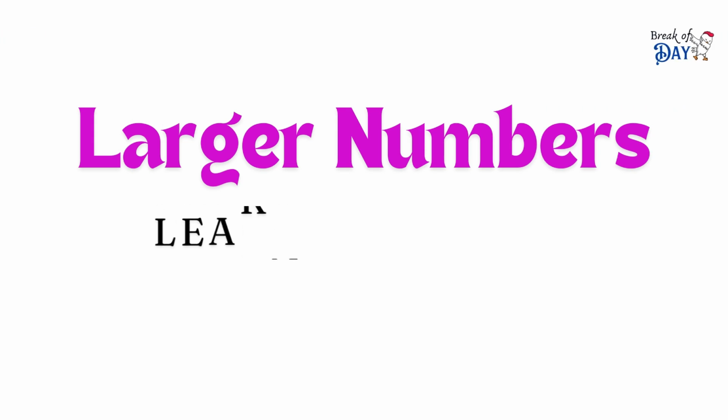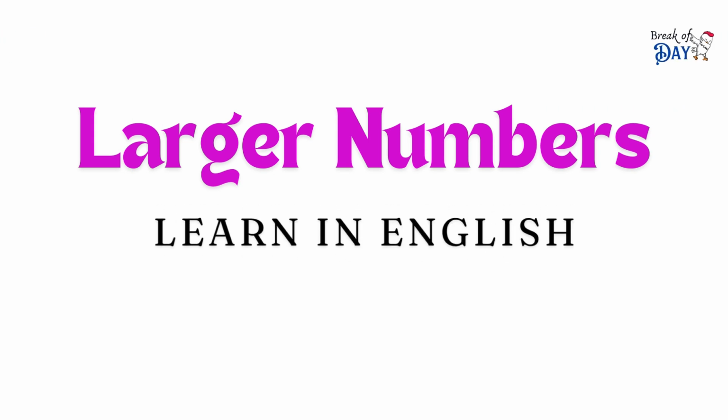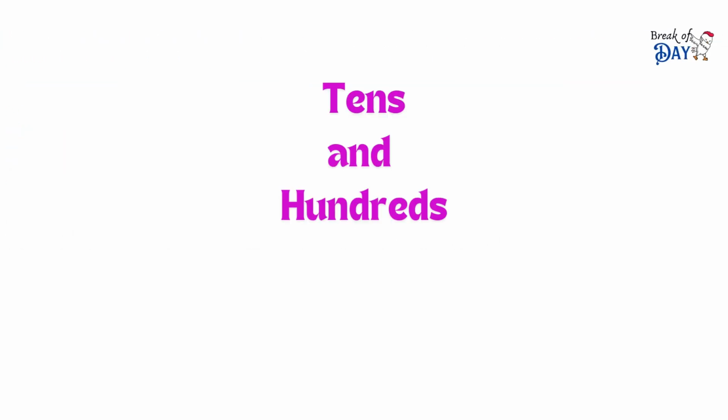Now let's learn some bigger numbers. We are going to look at the tens and hundreds. Let's review tens and hundreds. The tens are numbers like 10, 20, 30 and so on, all the way to 90. Each of these numbers represents a certain number of tens.